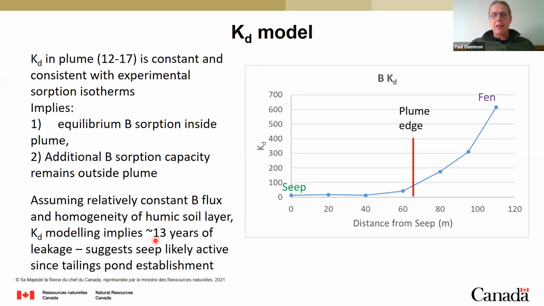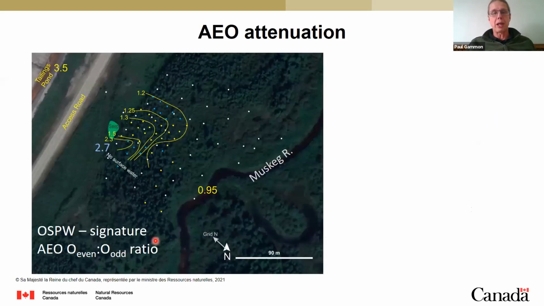And given the assumptions and the variability, the tailings pond's only been active for 20 years. That suggests to me that this seep has been active probably since the tailings pond was instigated.